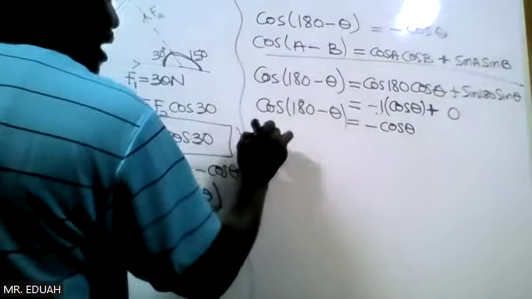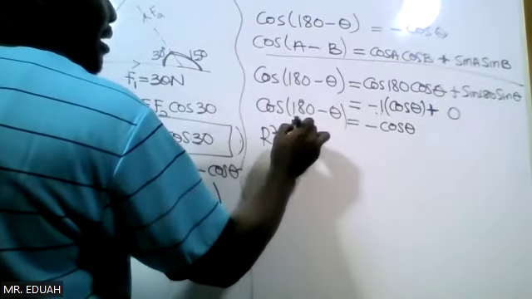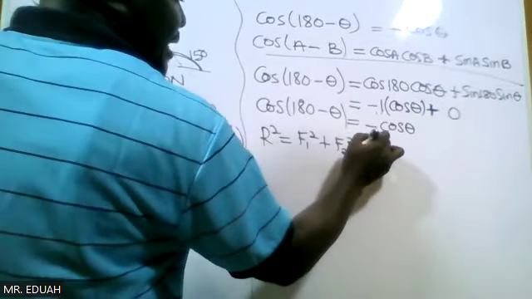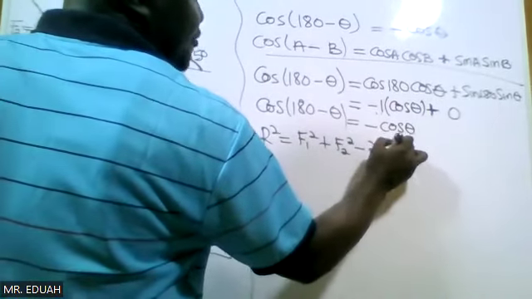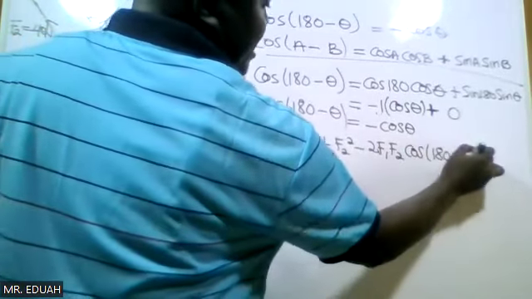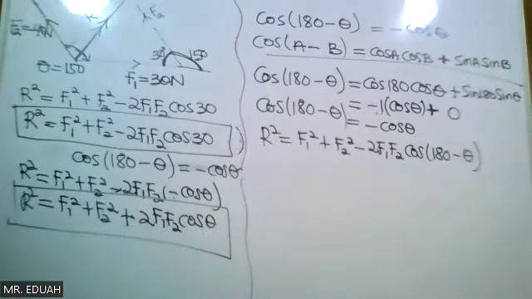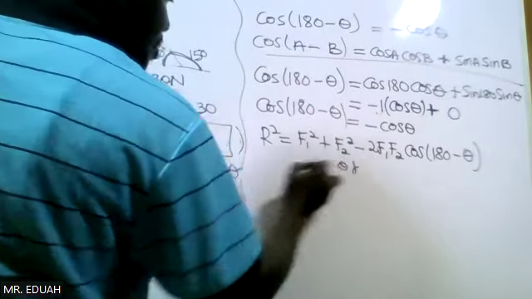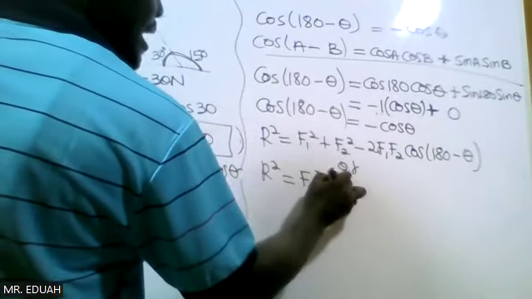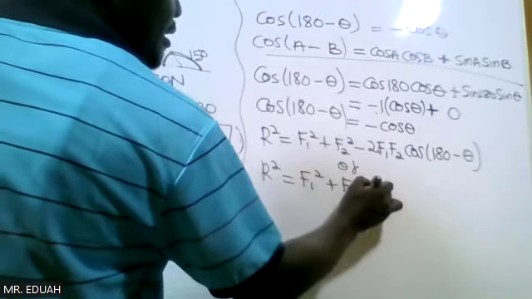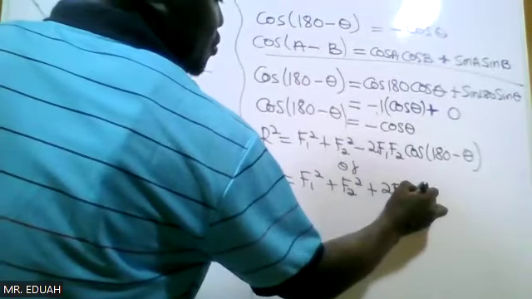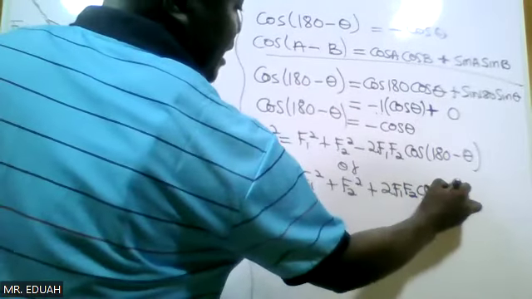Either R squared equal to F1 squared plus F2 squared minus 2 F1 F2 cos 180 minus theta, or R squared is equal to F1 squared plus F2 squared plus 2 F1 F2 cos theta.